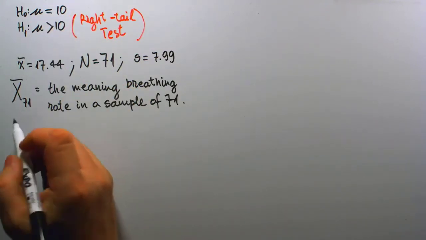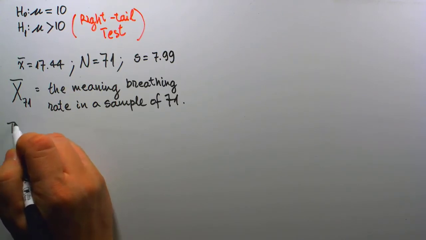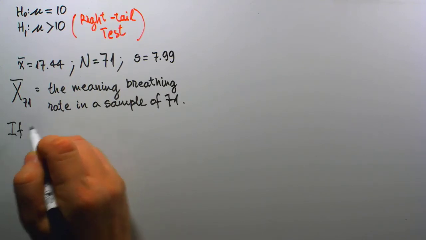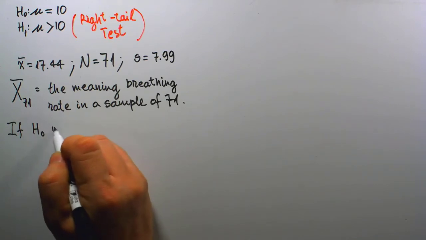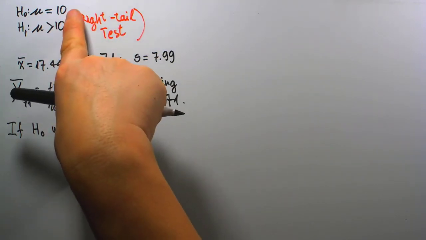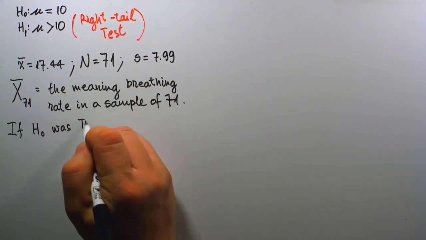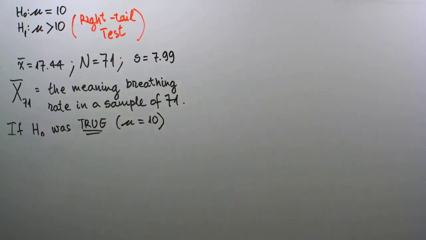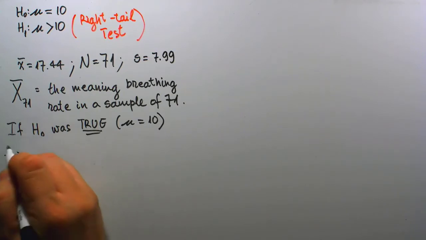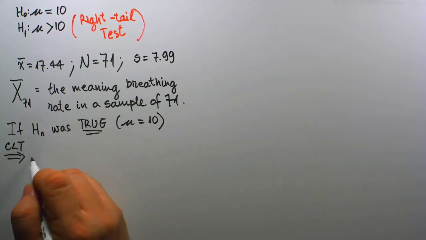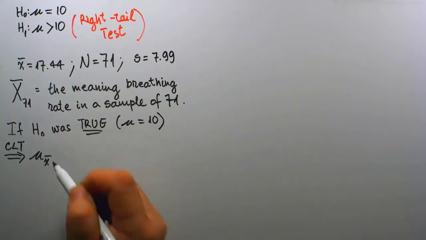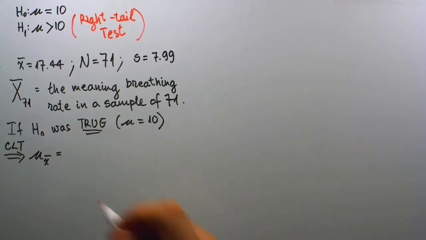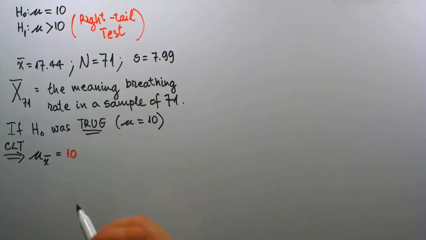So in the same logical argument I've made throughout example 1 and the earlier parts of this example 2, I'm starting out by saying, if we accepted the value claimed in our null hypothesis to be the truth, so if H sub 0 was true, meaning we're accepting mu equal 10, then consequently, based on the central limit theorem, mu X bar supposedly equals mu, but now will equal 10.